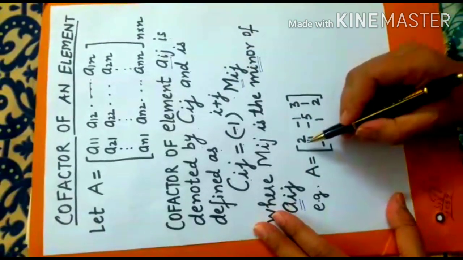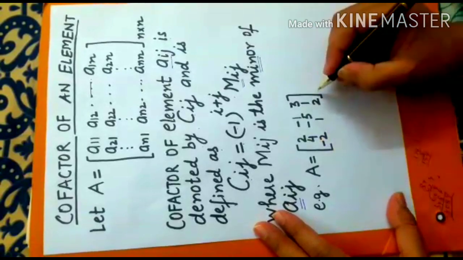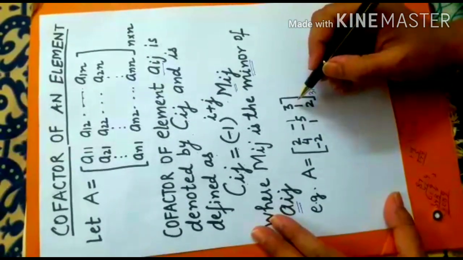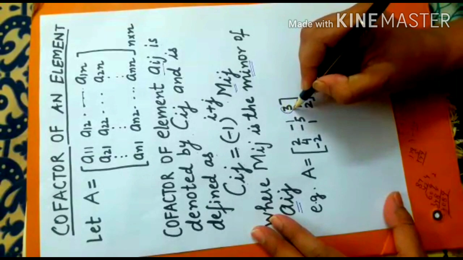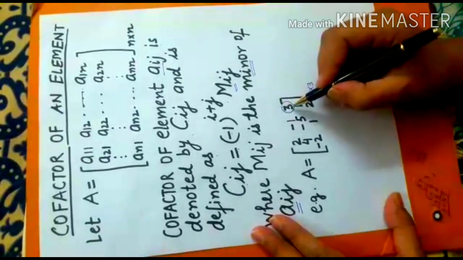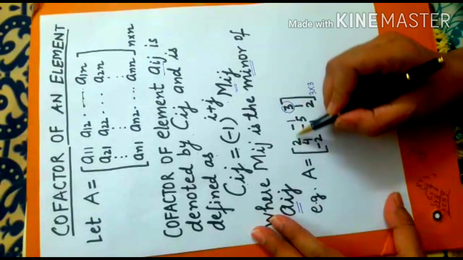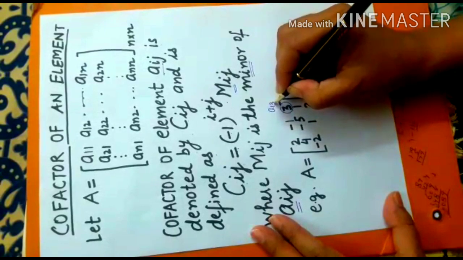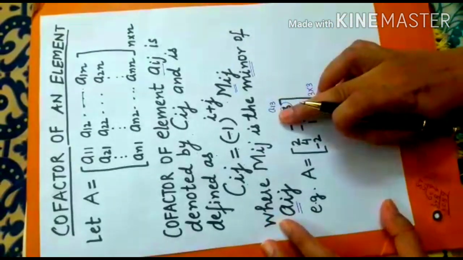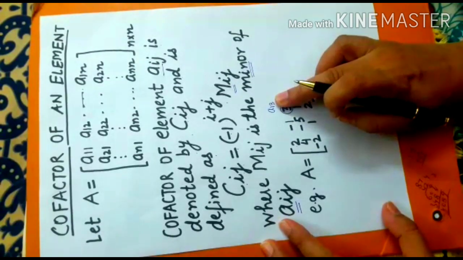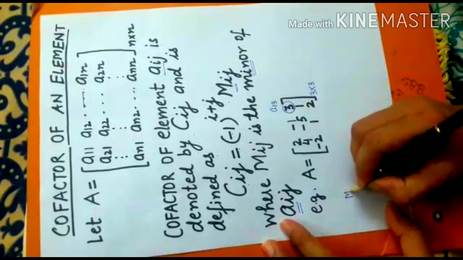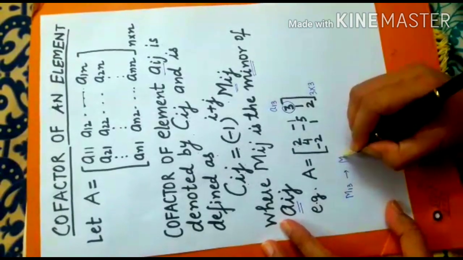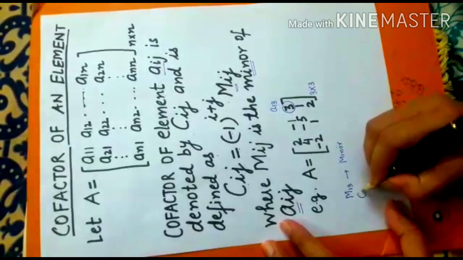For example, if we have a square matrix of order 3 by 3 and I have to find the cofactor of this element, this element is present in the first row and the third column, so its position is A13. The minor of this element will be denoted by M13 and the cofactor by C13.